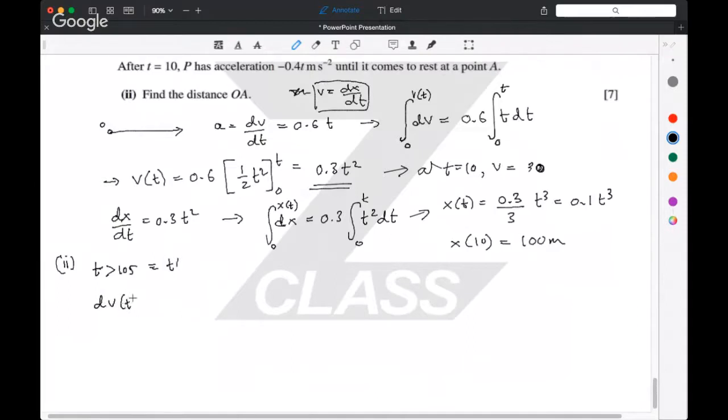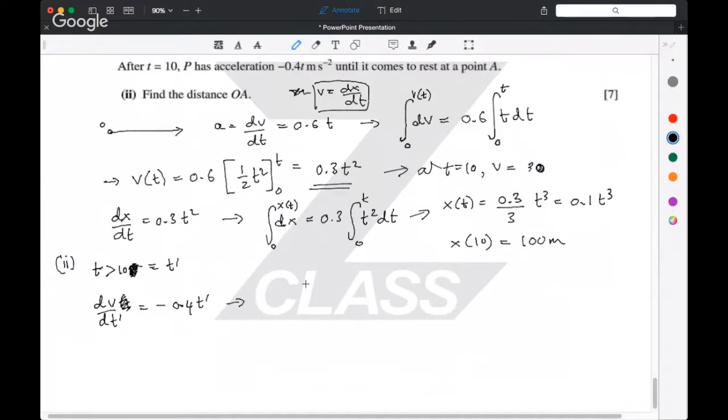So dv/dt prime is minus 0.4 t prime, that's what we're given. And this t prime doesn't start from 0 at 10 seconds. It's just my bookkeeping. It's the same time as before.